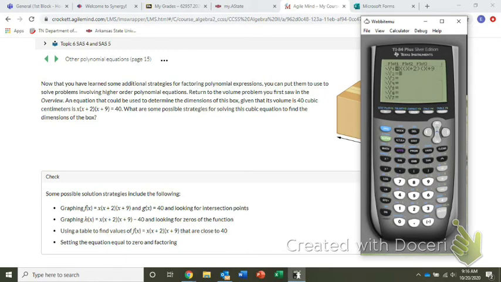And then we add the g of x, which is 40, because that's what it equals, okay? Now, here we would look for where it intersects, which would be our solutions. So, obviously, we cannot see 40, so we are going to want to zoom out.